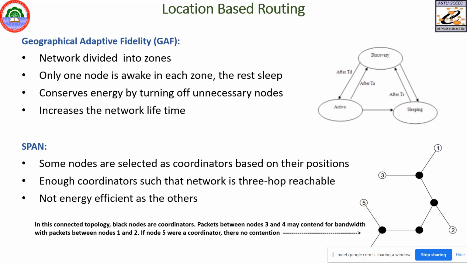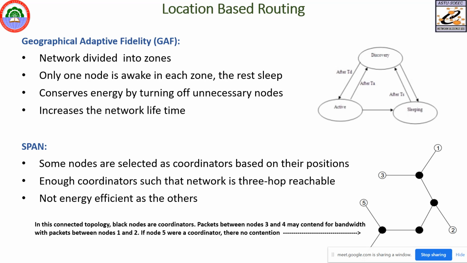For example, the nodes will elect one sensor node to stay awake for a certain period of time and then go back to sleep. This node is responsible for monitoring and reporting the data to the base station on behalf of all the nodes in that region.